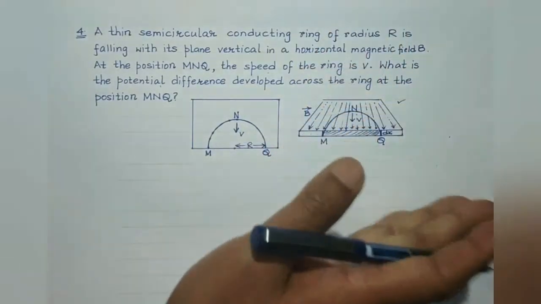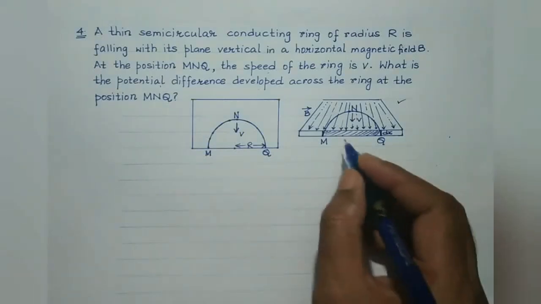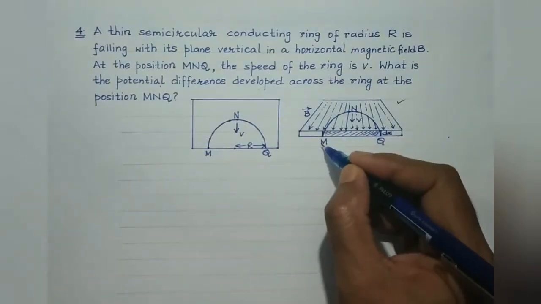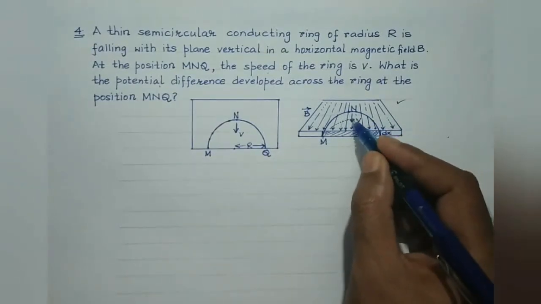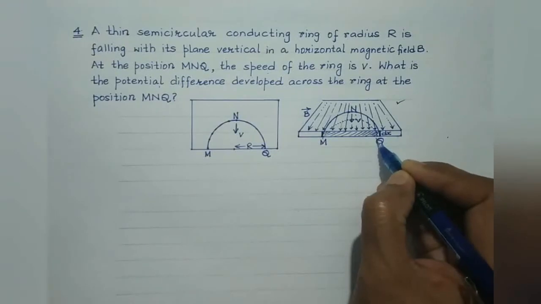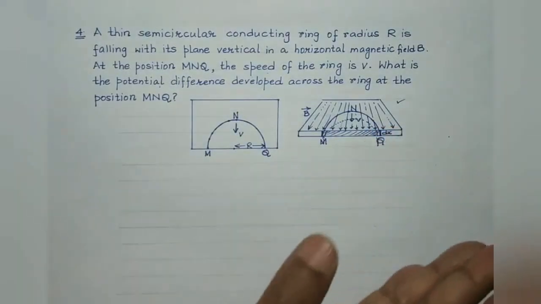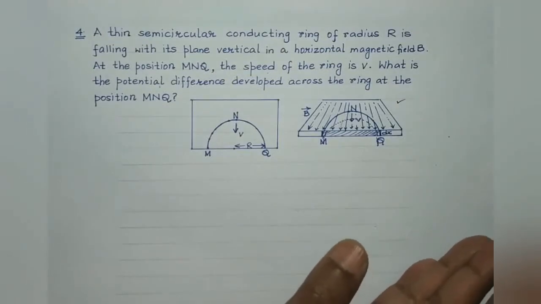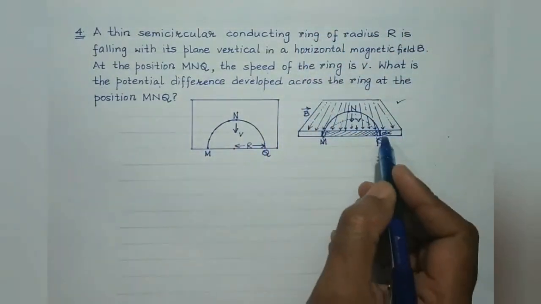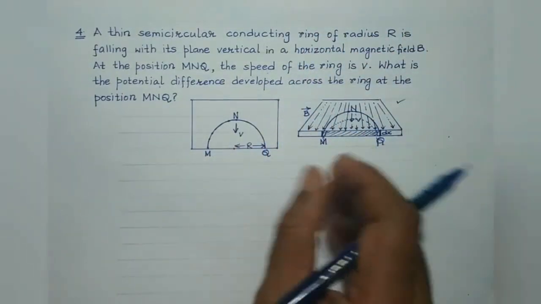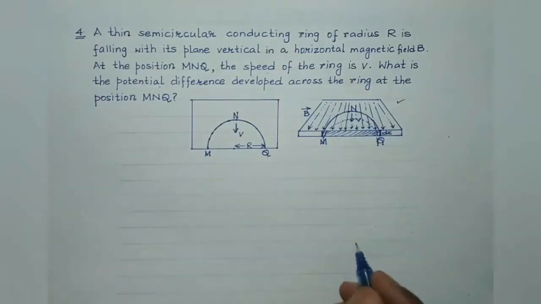As the ring falls through a small distance dx from its initial position MNQ to M dash N dash Q dash, like this, this will be its final position, right? So as it falls, definitely there will be a decrease in the area of the ring inside the magnetic field, isn't it? As the ring falls down through this small distance dx, there will be a decrease in the area of the ring associated with this magnetic field, right?